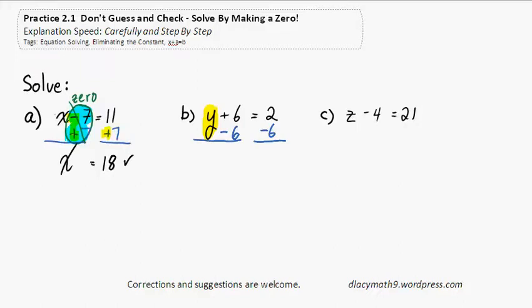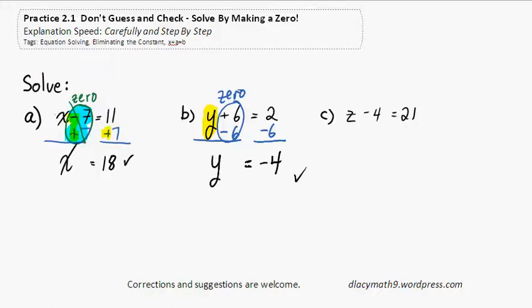And so we get y, the letter that represents the number we're looking for, and 0, which we don't write at all, and that's equal to +2 and -6, or 2 minus 6, which is -4.